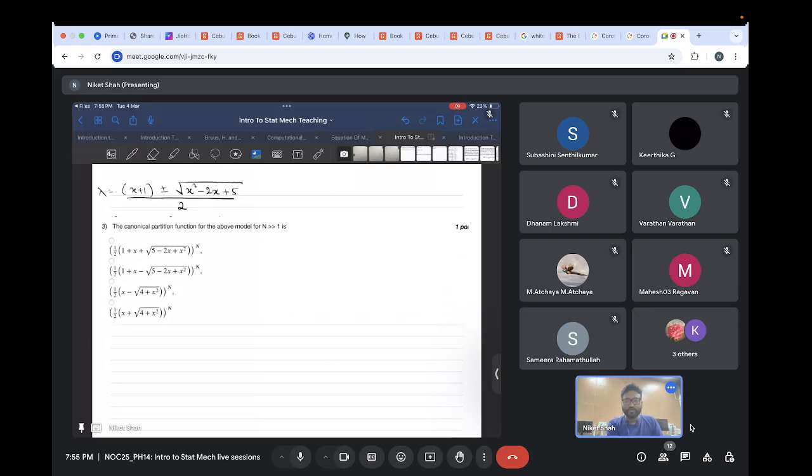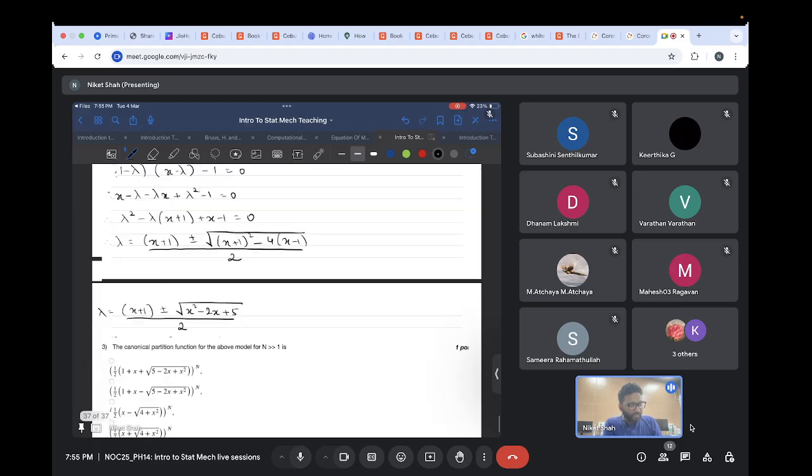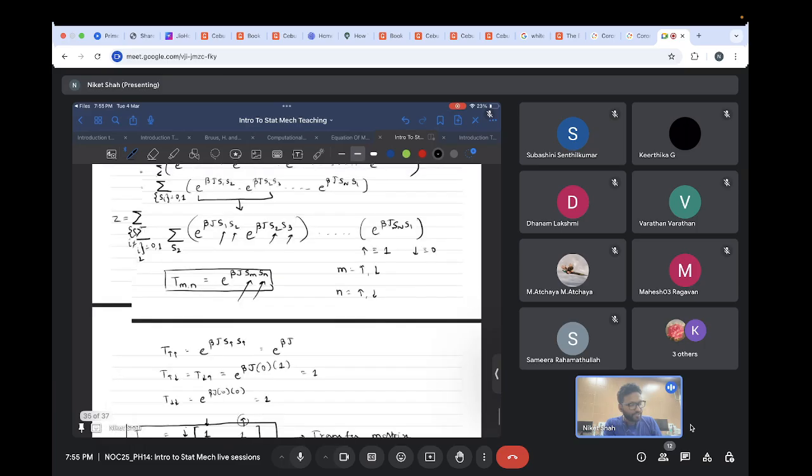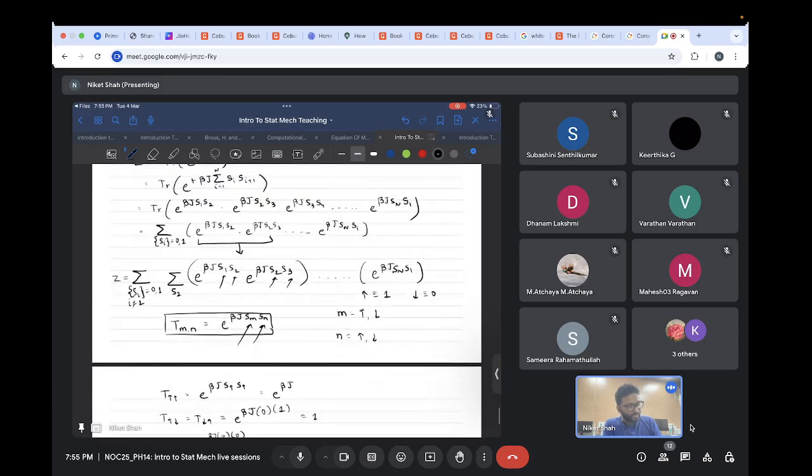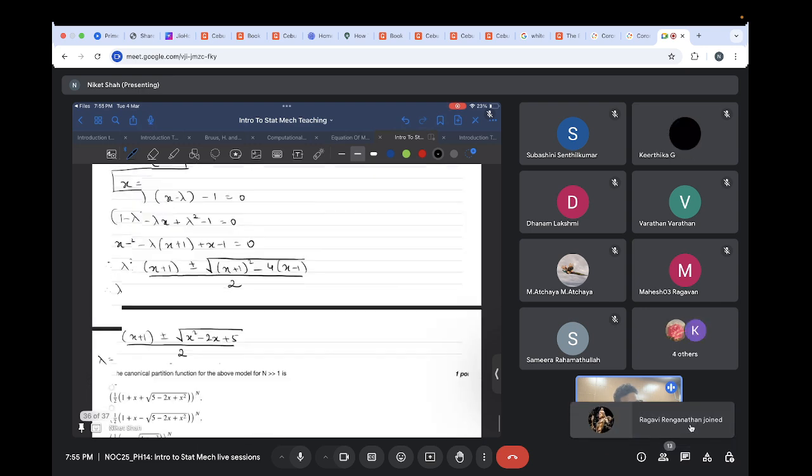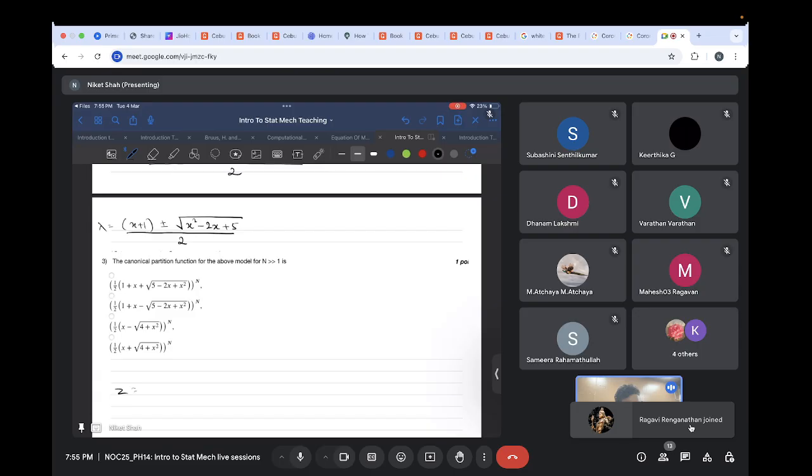Okay. So the question is, the canonical partition function for the above model for this particular case is what? We'll do that, but first we'll calculate the canonical partition function and write an expression for it. So canonical partition function Z is equal to the sum over s1, s2, up to sn, each equal to 0 comma 1. All of these take all the values.